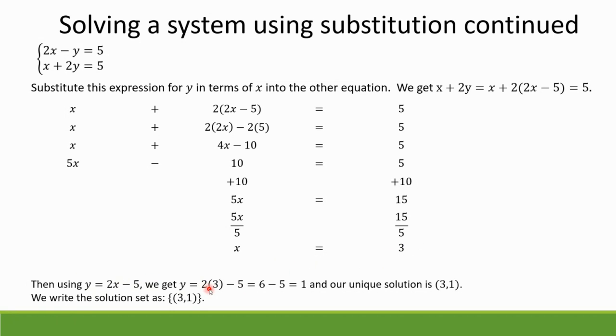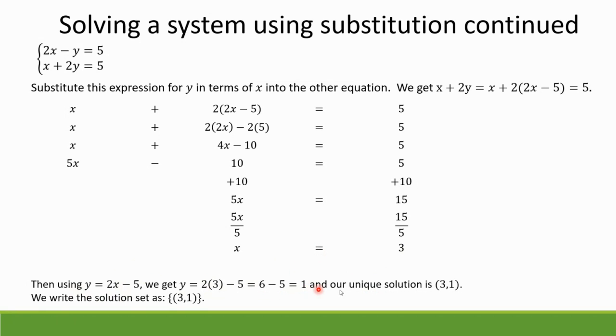We get y is 2 times 3 minus 5, 6 minus 5, which is 1. So what we get then is that x is 3. Using this expression for y in terms of x, we get y, which is 1.